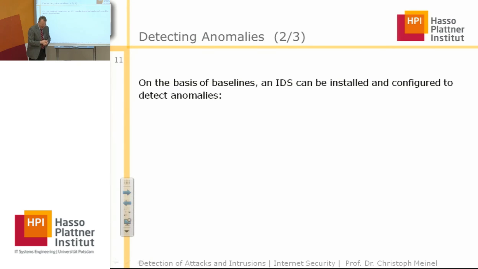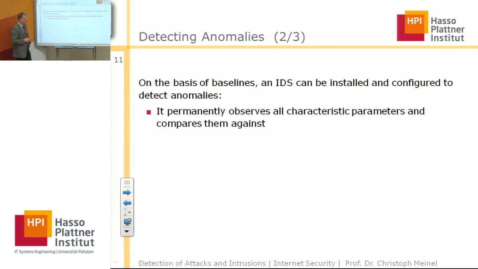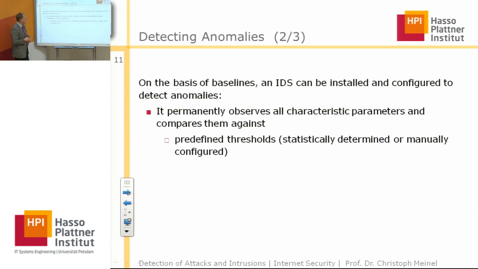On the basis of such baselines, an intrusion detection system can be installed and configured, which is based on detecting such anomalies. The intrusion detection system permanently observes all characteristic parameters and then compares these parameters against the predefined thresholds. Whether the thresholds are statistically determined, manually configured, or set by a self-learning system that adapts them to changing usage of a system, this is the same.